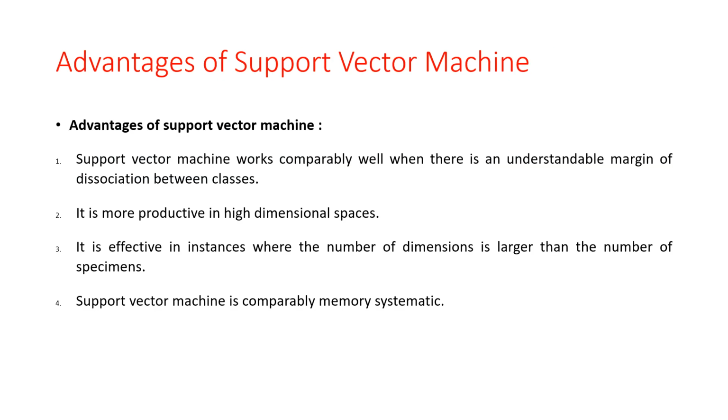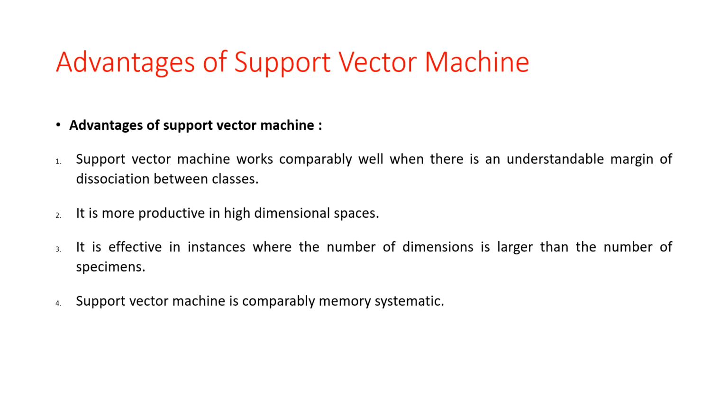The last point is the advantages, disadvantages and applications of support vector machine. This is the last point of our Unit 3, that is classification. The advantages of support vector machine: it works comparably well when there is an understandable margin of separation between classes. The second one is that it is more productive in high dimensional spaces.